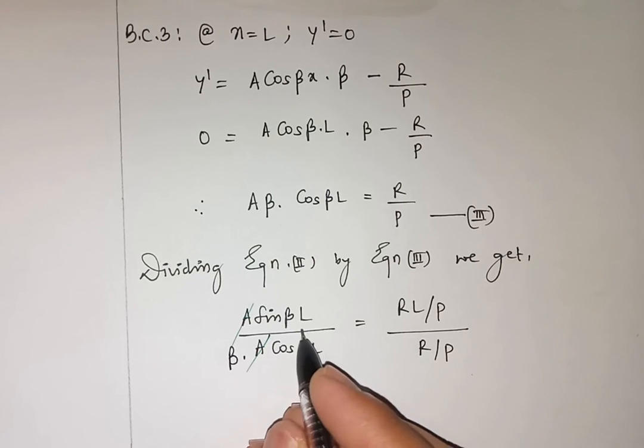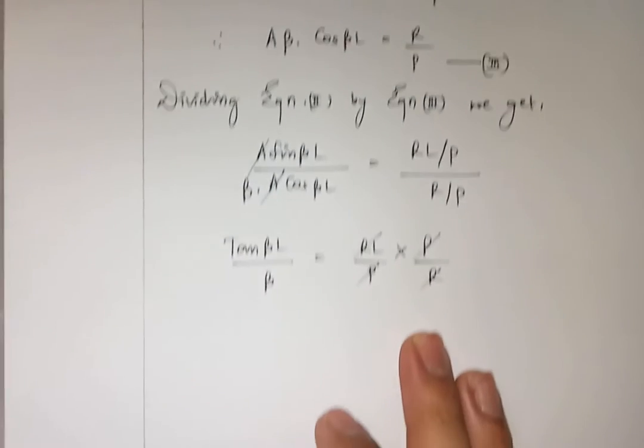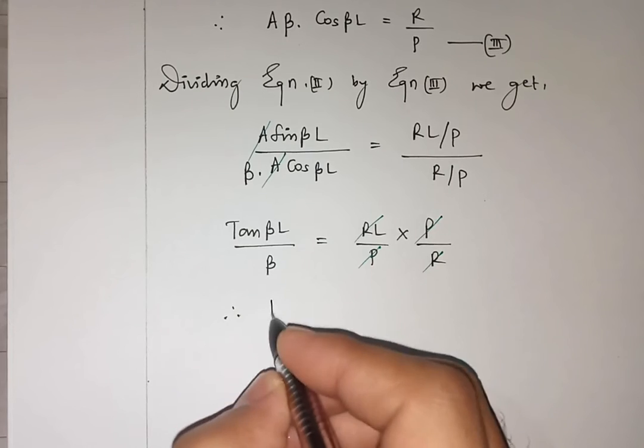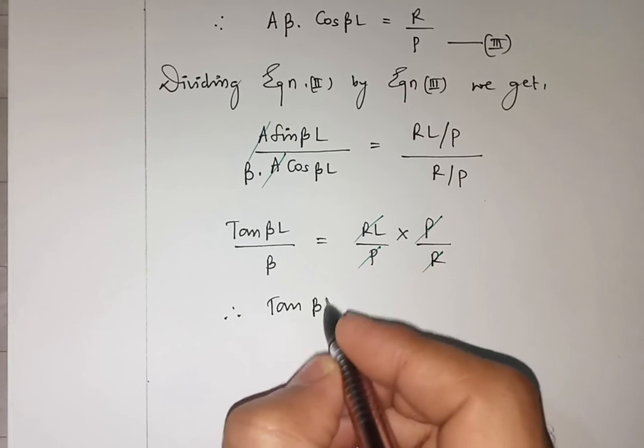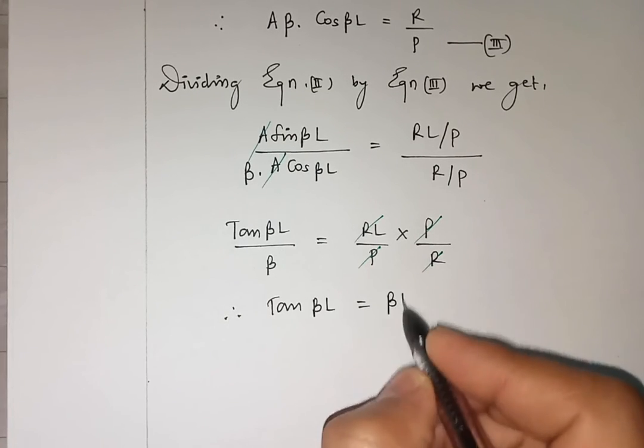So sin beta divided by cos beta is tan beta L divided by beta, which is equal to RL divided by P into P divided by R. Once again common terms get cancelled. Therefore tan beta L is equal to beta L.